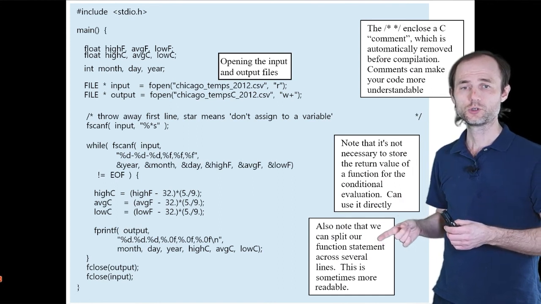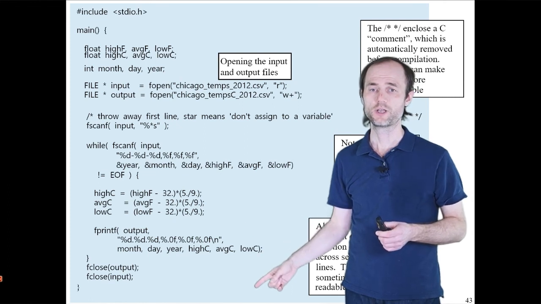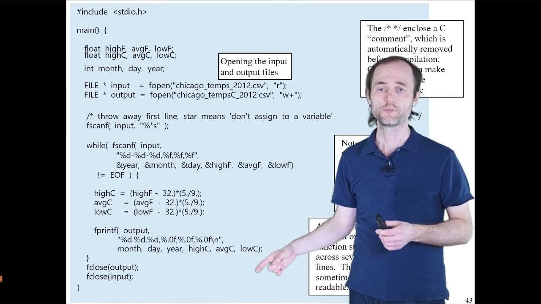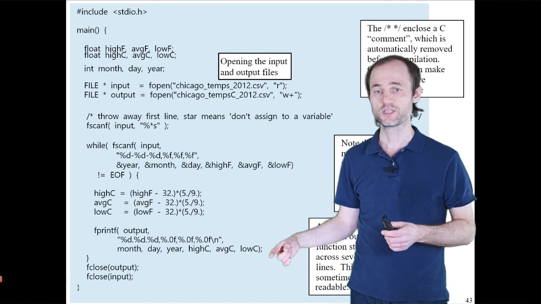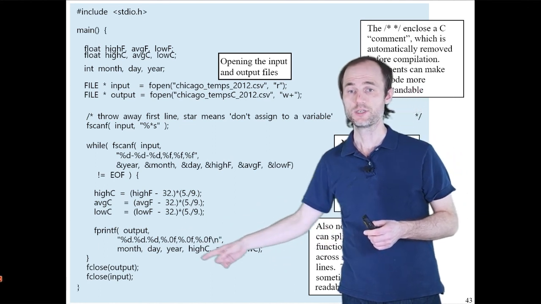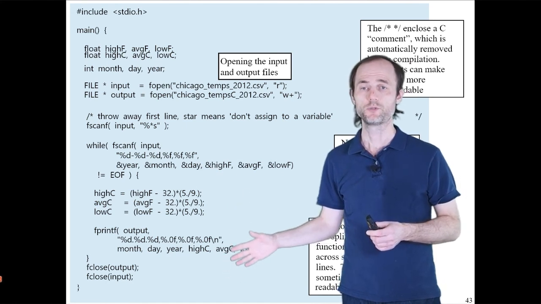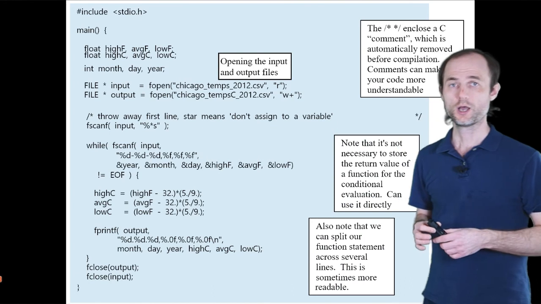You also know that you can span several lines with the call to a function. Because the end of a statement is denoted by a semicolon, the C compiler knows that all of the 3 lines belong to one single function call, fprintf.